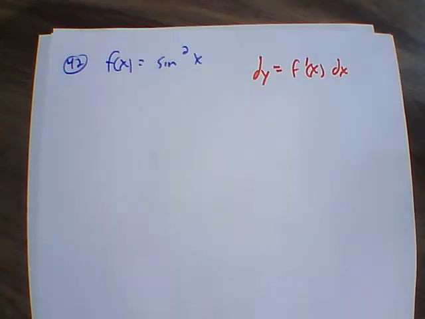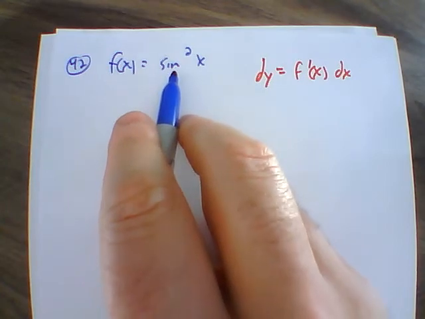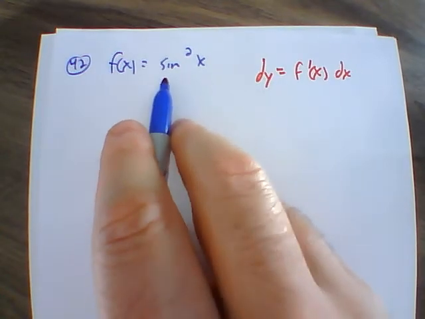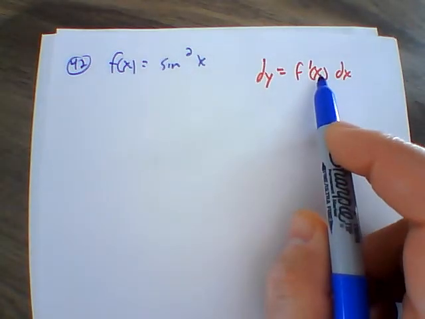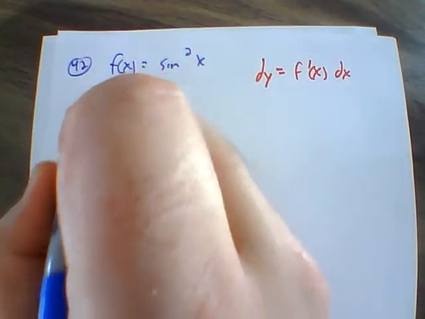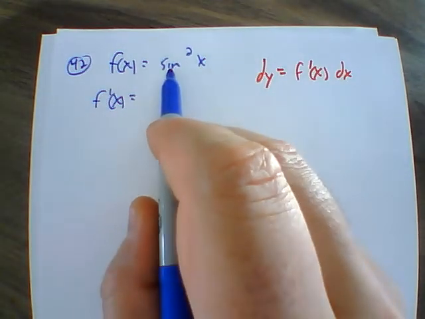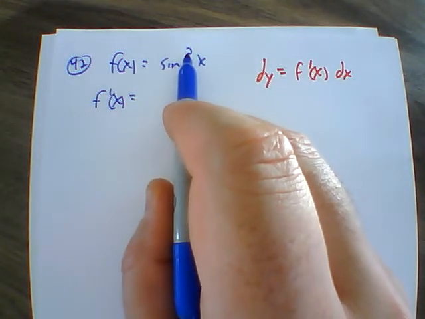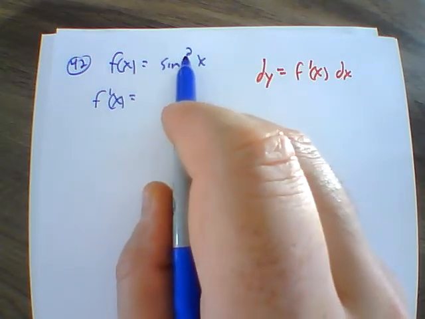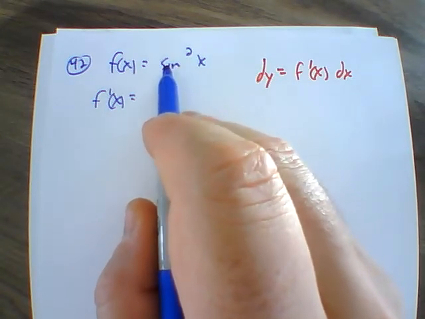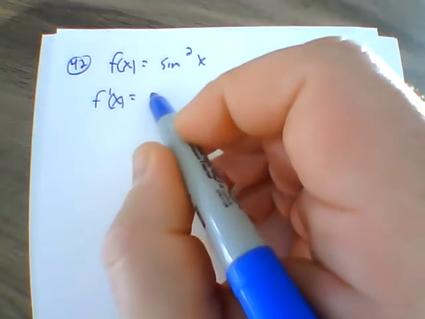Okay, so we have to look at what's going on overall with the function. So we have to find f prime of x first. Now do realize this is a chain rule. We have a function squared right here, so we have a function within a function. If I work with my inner function, the derivative of sine is cosine.